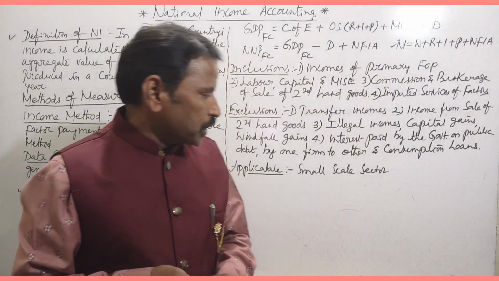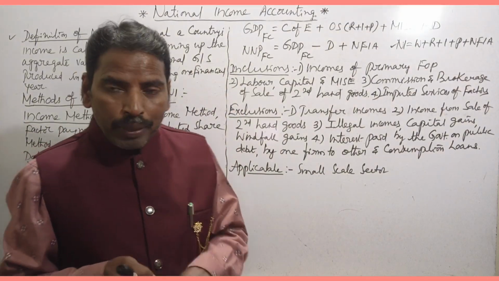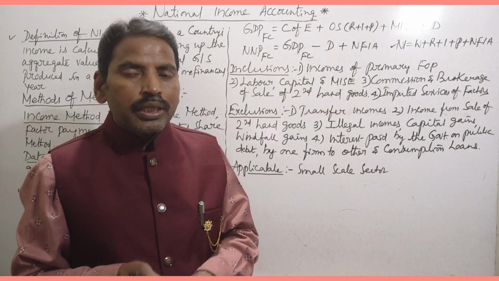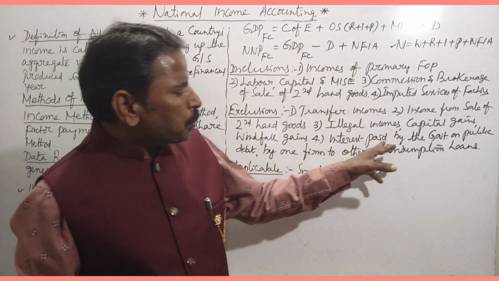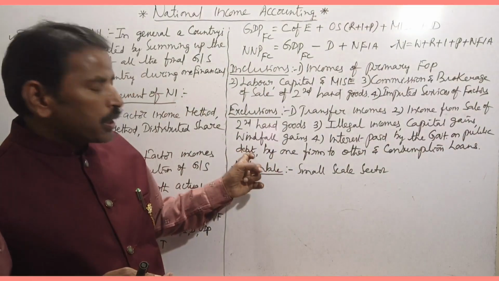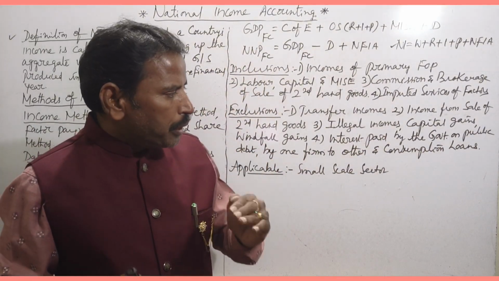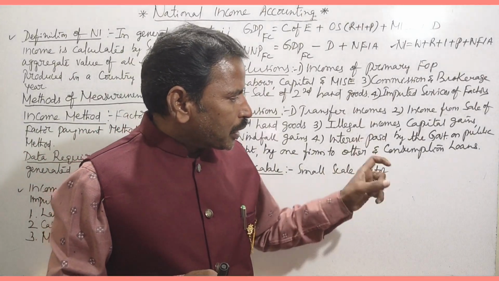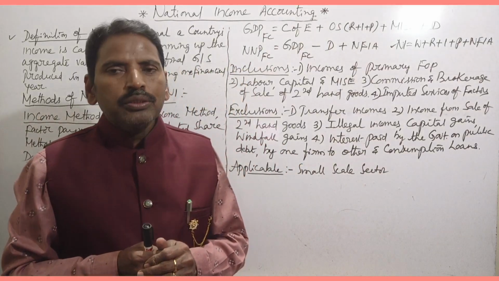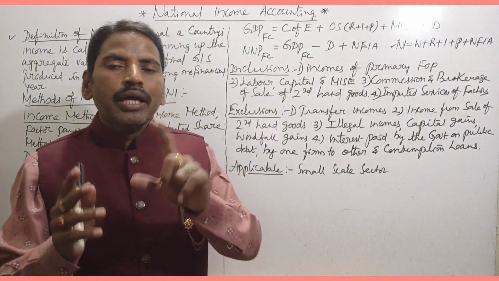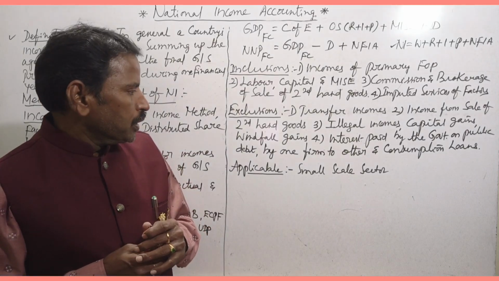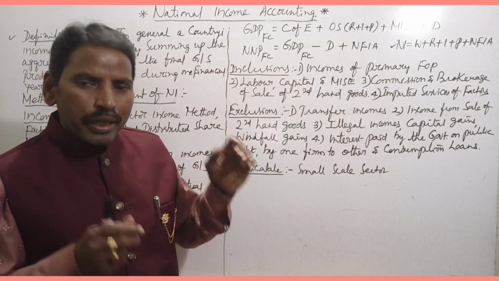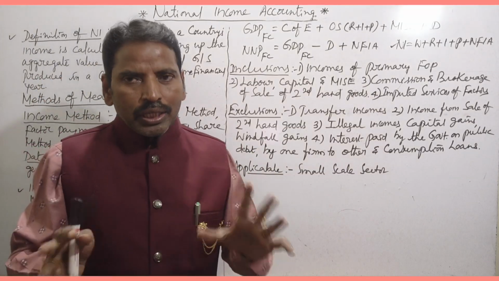Prize money includes lottery prize money, gifts, insurance claims, etc. Next, interest paid by the government on public debt, interest paid by one firm to another, and consumption loans are not taken into consideration while calculating national income. So these are some of the exclusions while calculating national income.